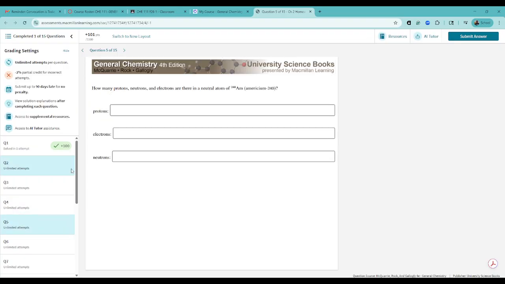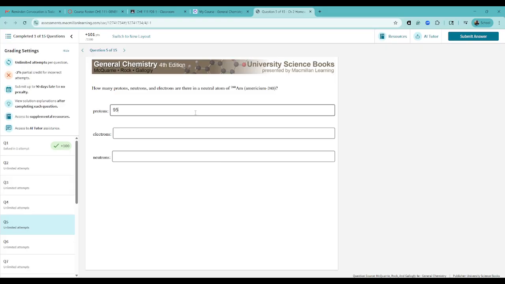Jumping ahead. Just one example or 2 examples of this. So we need to utilize our periodic table. So the protons of americium 240. So americium on the periodic table, I'm going to look at my periodic table over here. Americium is AM, 95.